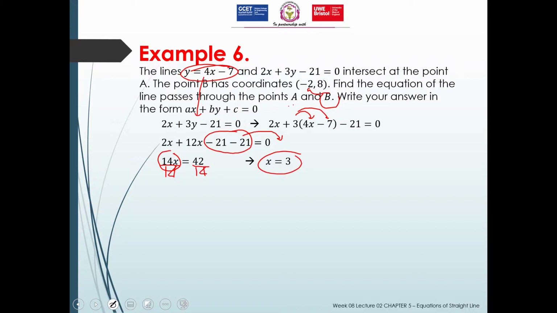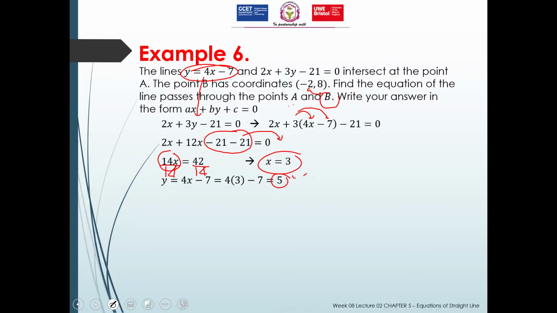Okay, so we now have the x coordinate of point A, where A is the intersection of your two lines, y equals 4x minus 7 and 2x plus 3y minus 21 equals 0. Let us now solve for y. From the first line, y is 4x minus 7. So when x is equal to 3, that gives us 4 times 3, which is 12, minus 7, and this is 5.